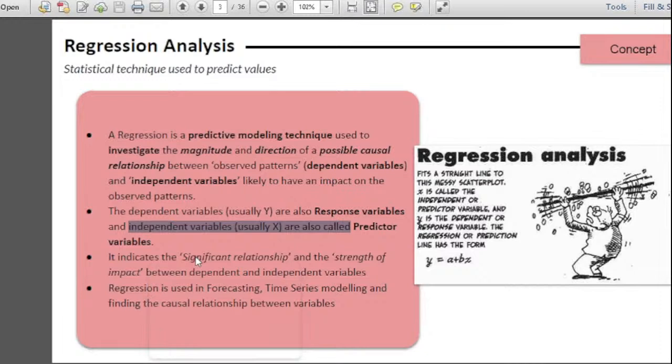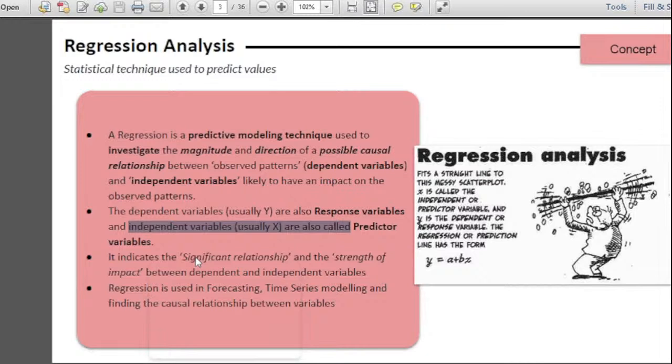Notice the word significant relationship. Significant means whether a variable has a statistically significant relation, coming back to inferential statistics. In the regression output, we will have p-values, and just like in hypothesis testing, if the p-value is very small, it means there is a very strong relationship between the dependent variable and the independent variable.